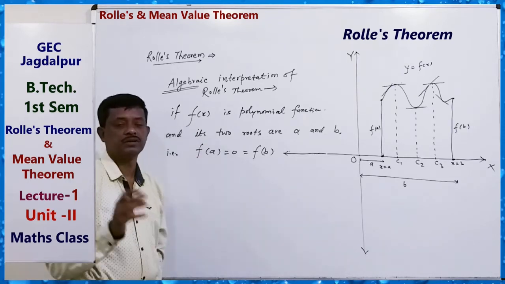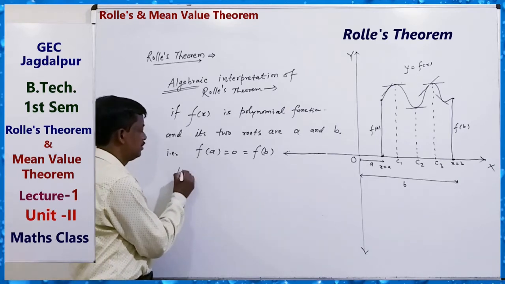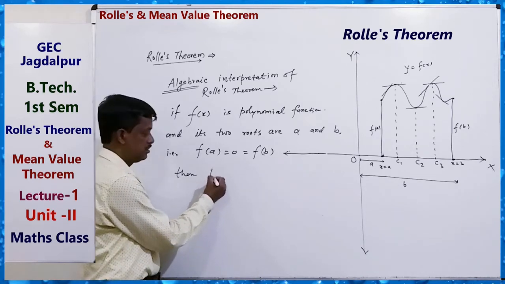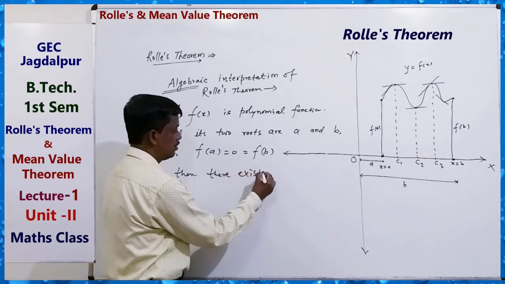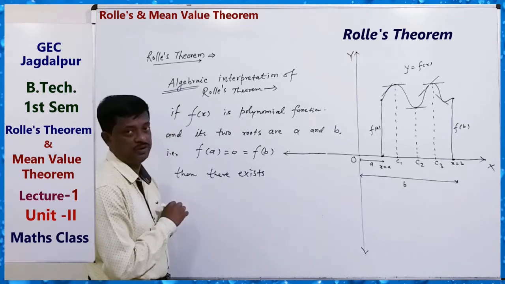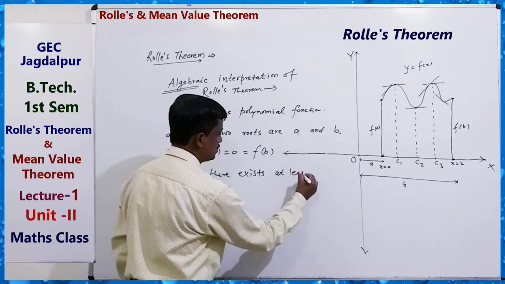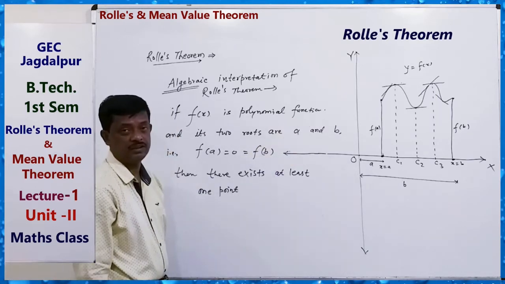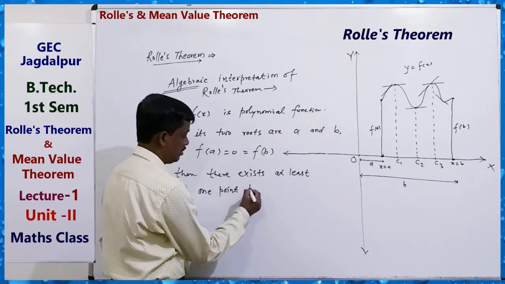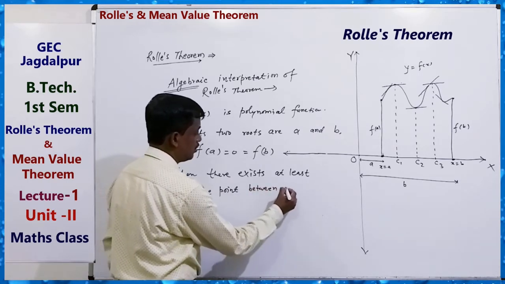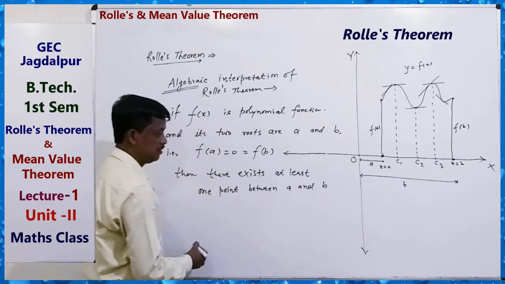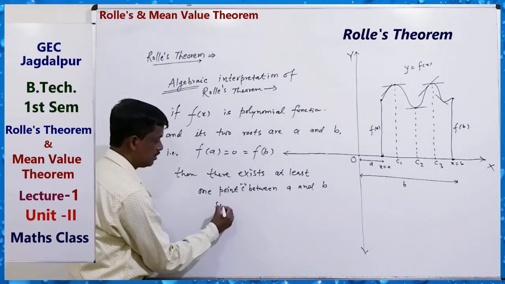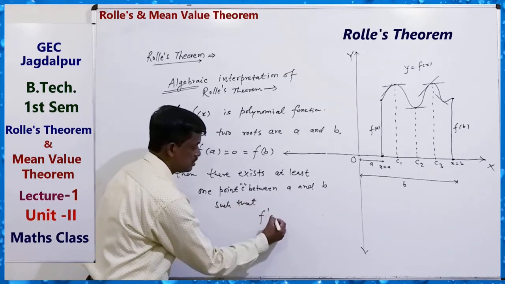If the three conditions of Rolle's theorem are satisfied, then there exists at least one point c between a and b such that f'(c) equals 0.